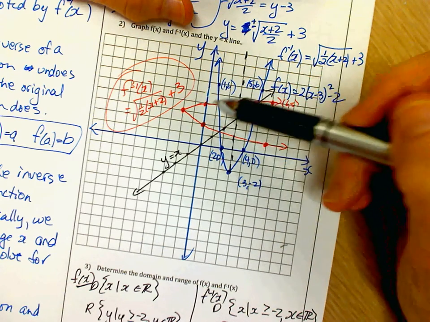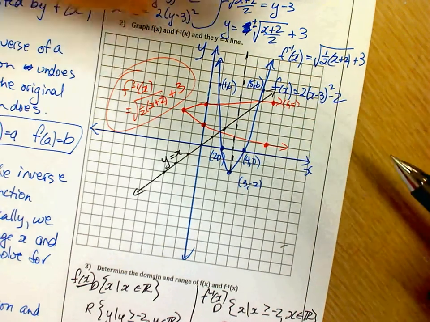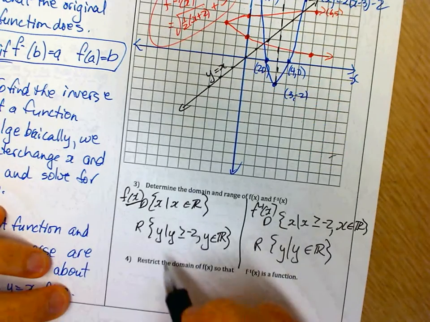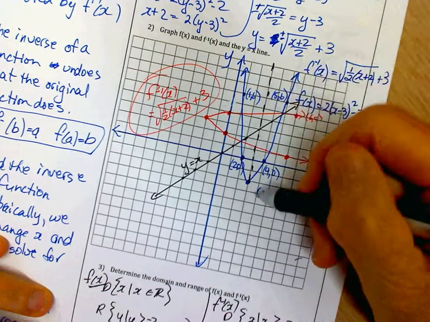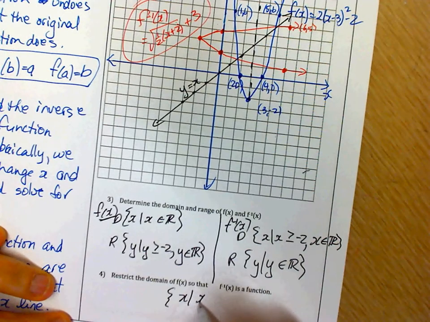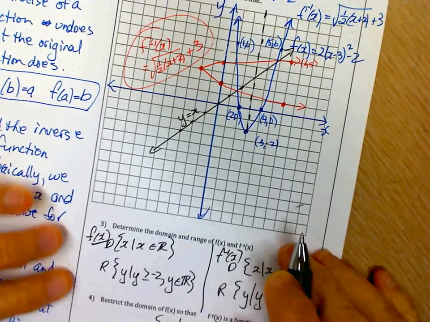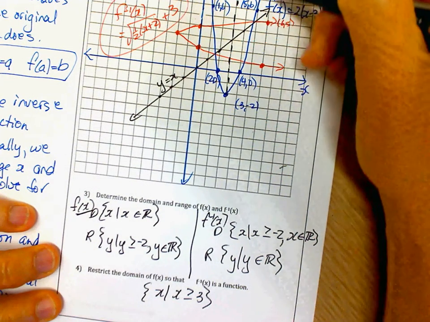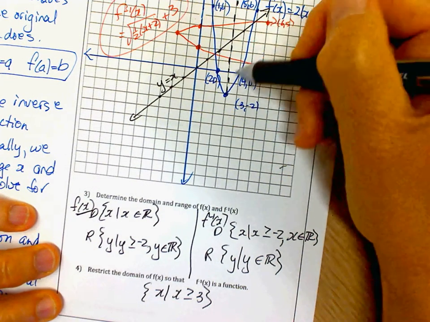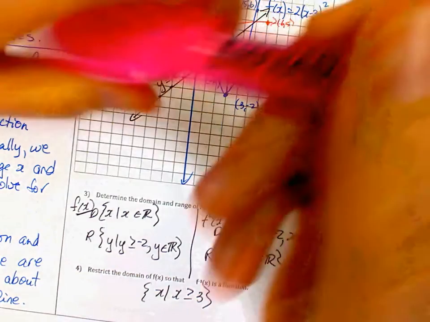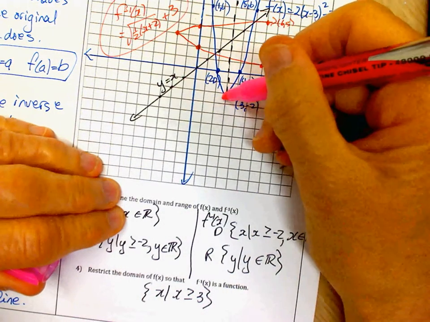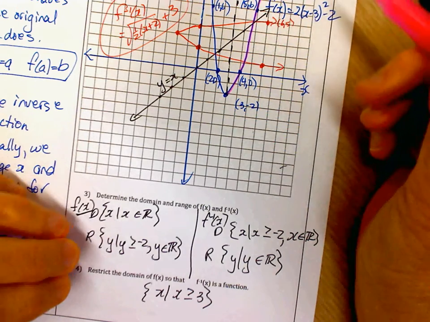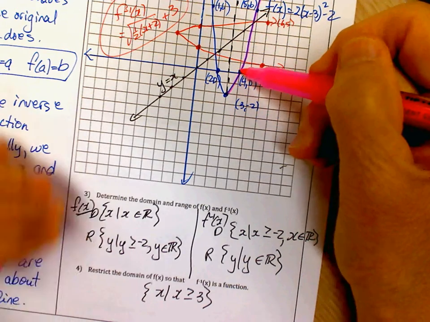We use the axis of symmetry, so we could restrict f of x to x such that x is greater than or equal to 3. If we restrict it to this side, we want to keep that branch, then the inverse of that will be this, and you notice the pink line now is a function.